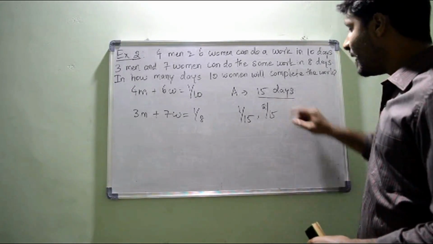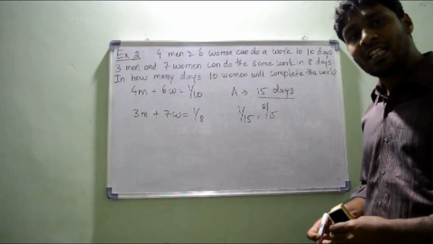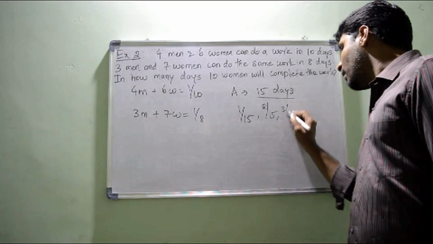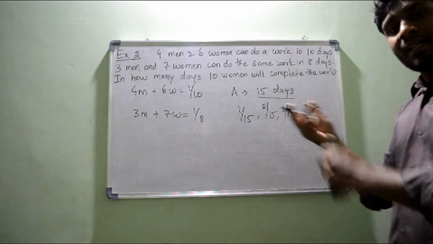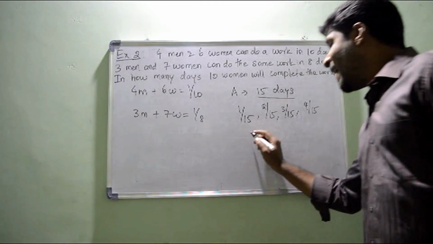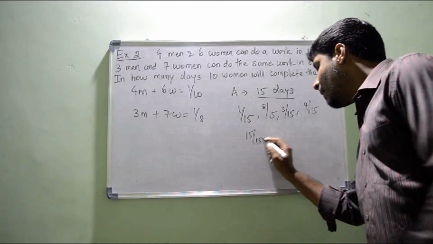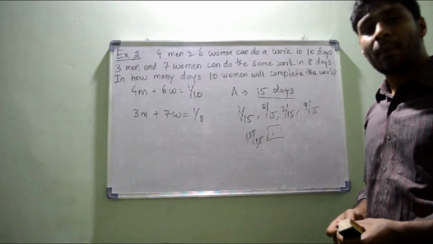This means that actually out of 15 parts, he may have completed 2 parts alone. Again, after 3 days, 3 by 15. After 4 days, 4 by 15. After 5 days, after 10 days, after 15 days, what might happen? At the end of 15th day, he might have done 15 by 15. This becomes actually 1.